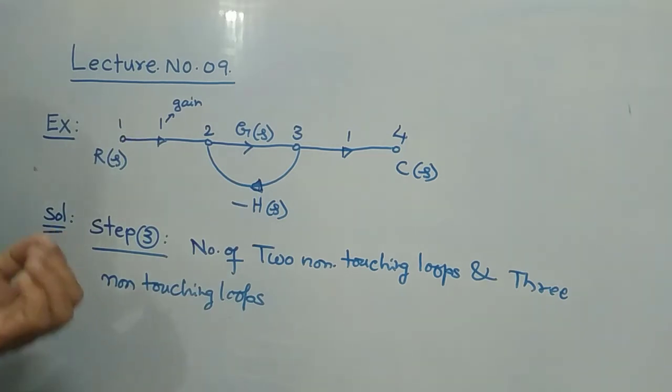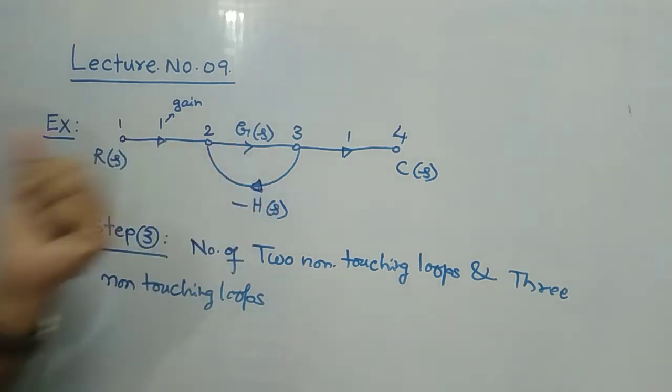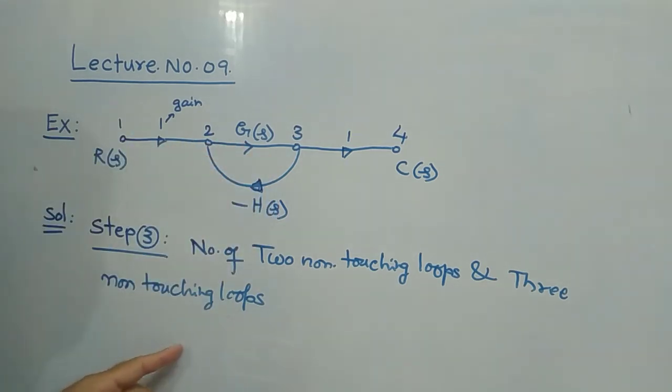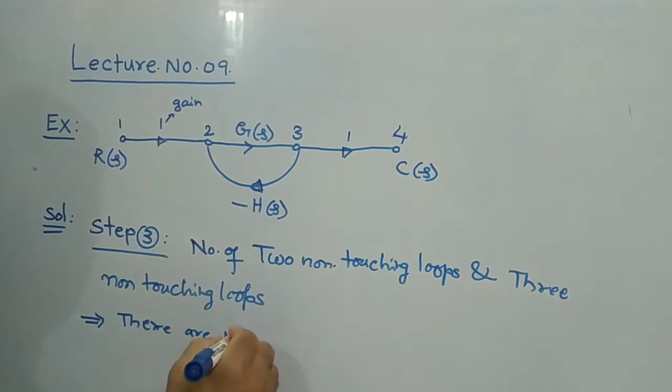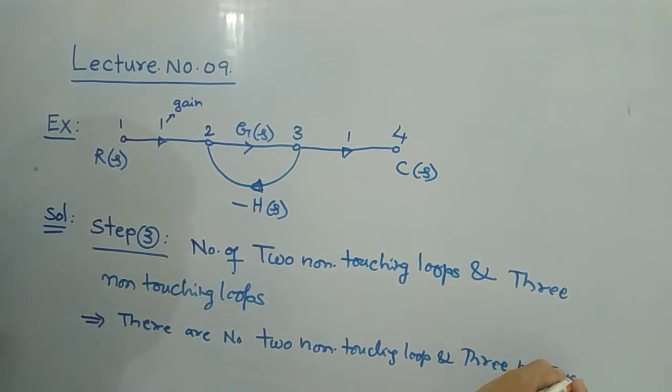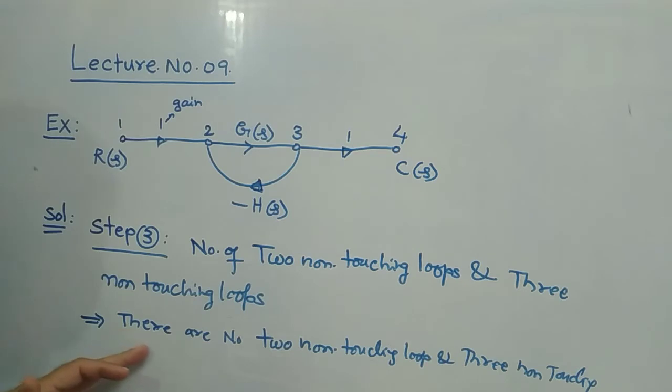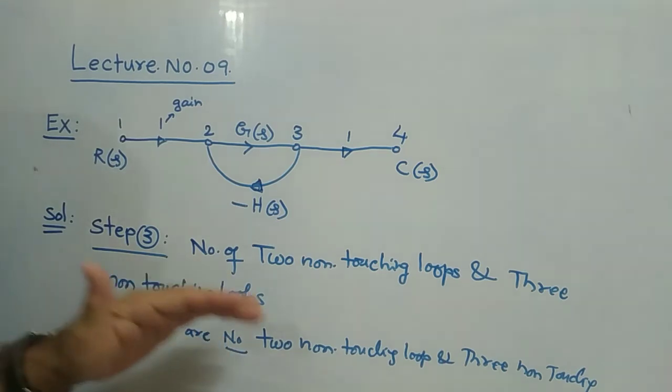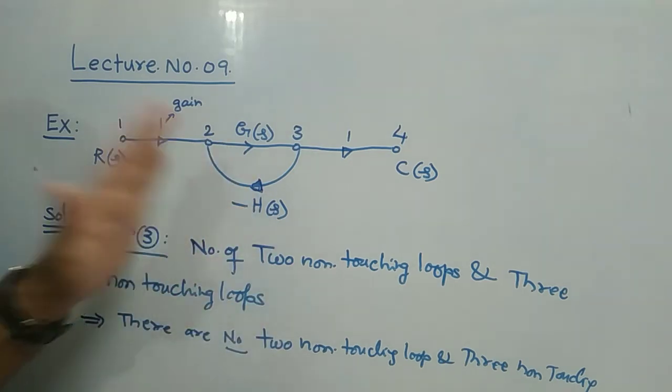If you apply step number 3 to this example, the answer simply is that there are no two non-touching loops and no three non-touching loops in the given problem.